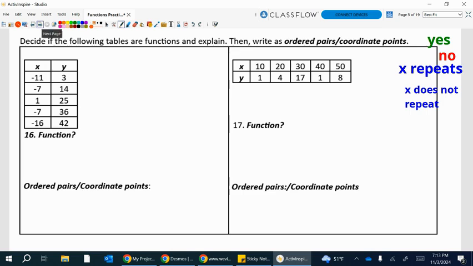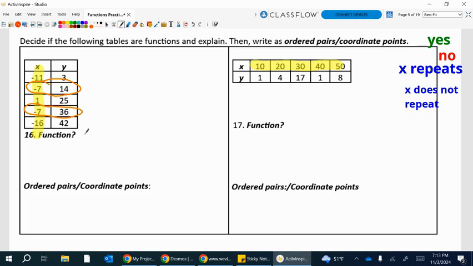Okay, so decide if the following tables are functions, explain, then write as ordered pairs, coordinate points. Once again, we only need to look at the x values first. Okay, we have -11, -7, 1, -7 again, and -16. So we're going to look here and we see that our x is repeating with different y's.